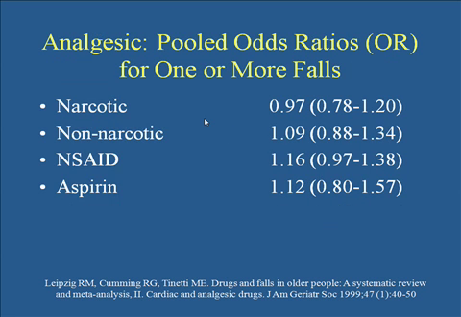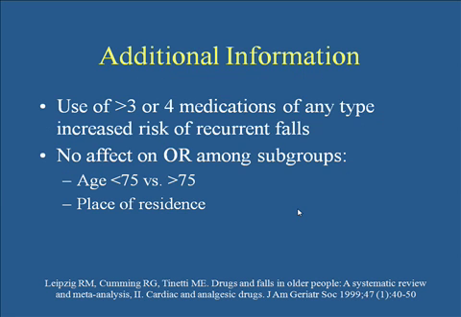Okay, for analgesics, basically none of the analgesic classes were associated with increased risk of falls. The odds ratios all cross 1, and so they did not reach any statistical significance for increasing risk of falls, which is kind of surprising. I know I was thinking that some of the opioids or drugs of that class certainly might be associated with that.